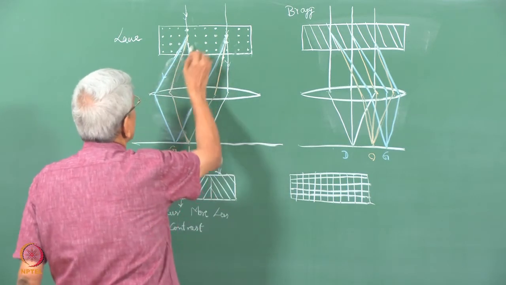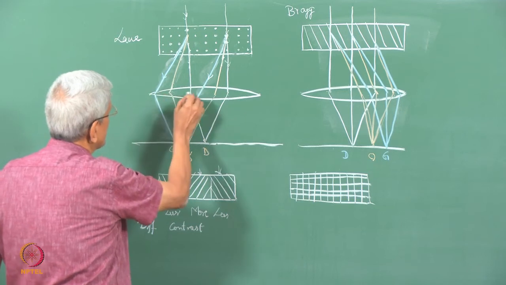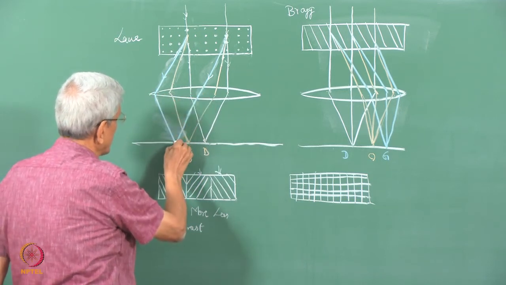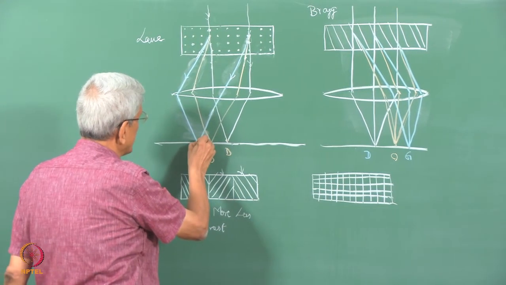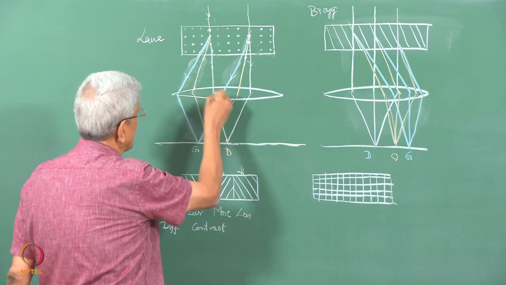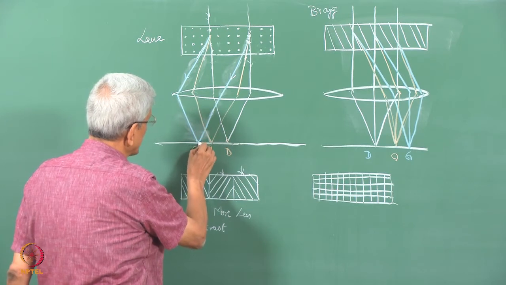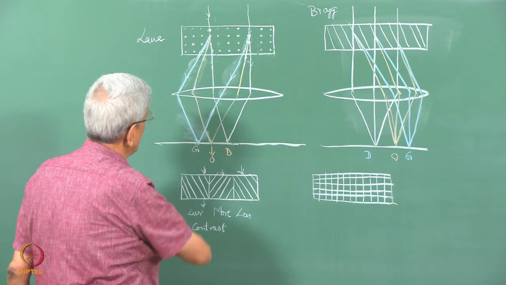The one which is shown with this blue line, when all these waves meet at a particular point, their amplitudes add together, because the path difference between the different waves is a multiple of lambda. So, we get constructive interference, and this is a diffraction spot, which is denoted by G.